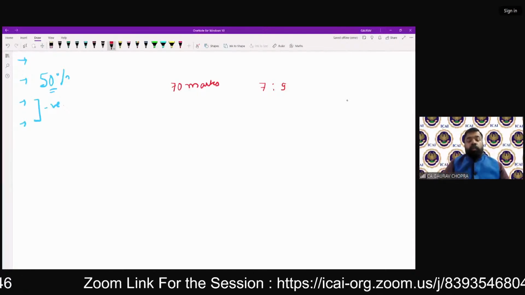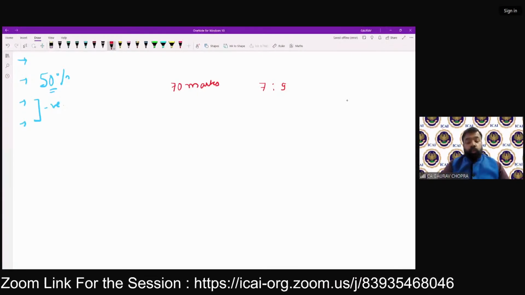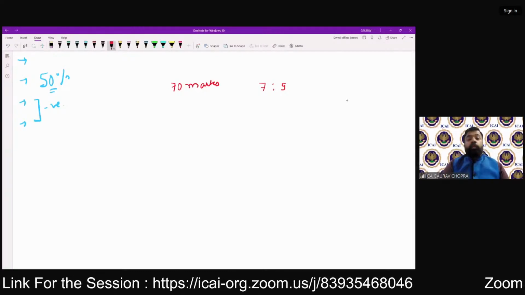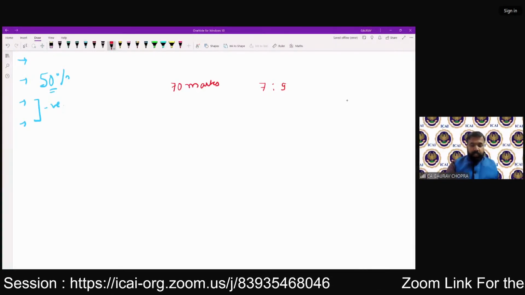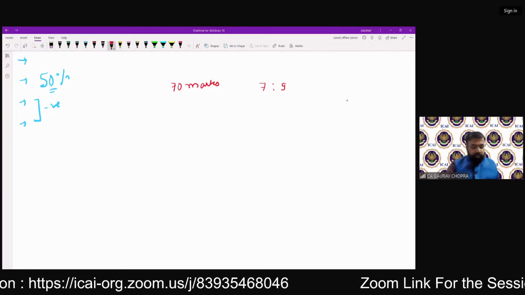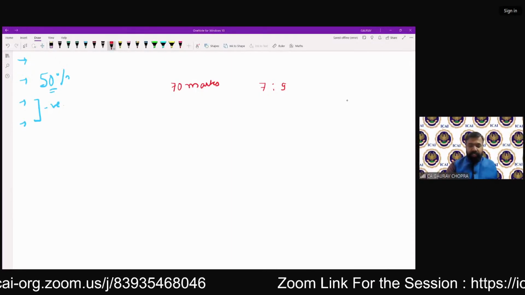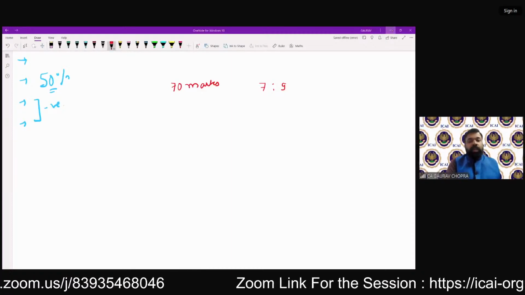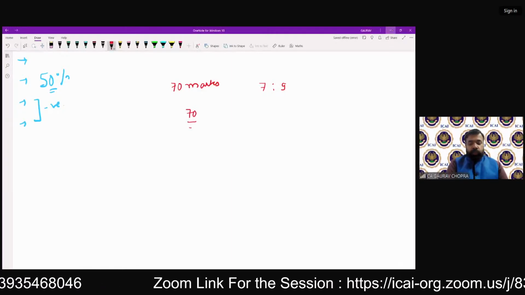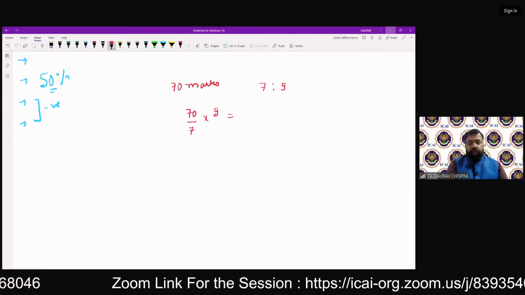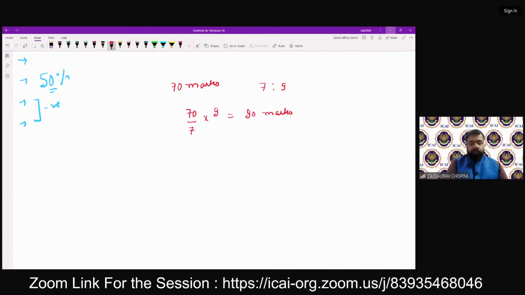You have improved your performance and your marks are increased in the ratio of 7:9. Find your new marks. Yes, Kaustubh has given the answer. Shreya, Dhruvit, Isha, Anushka. Great, very good. Everyone has given the correct answer, that is 90. 70 is equivalent to 7, then multiply by 9. You are getting 90 marks. Very good.